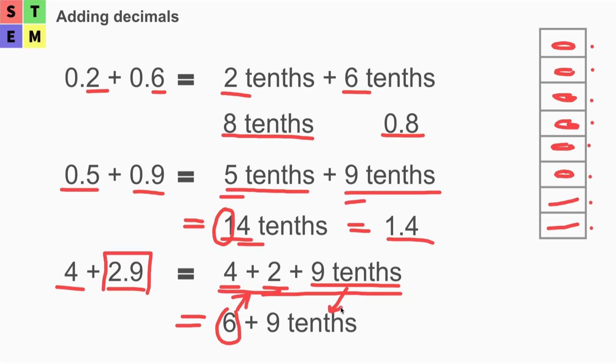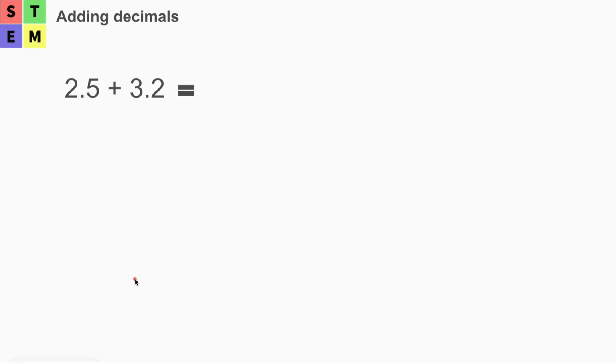So basically it equals 6.9 as the result. So we can see from there, if we have a whole number plus a decimal, we just add the whole numbers here. Okay, 4 plus 2.